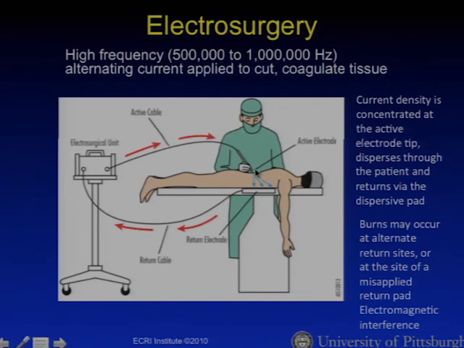So in this arrangement, a pacemaker in a left subclavian position may not be in the current arc. So the type of cautery used, as well as the location of the dispersive pad, is relevant in patients with these implanted cardiac devices.